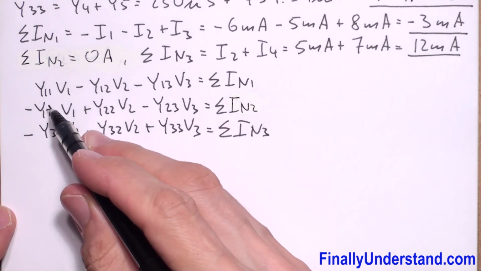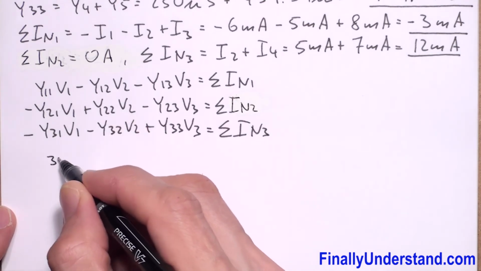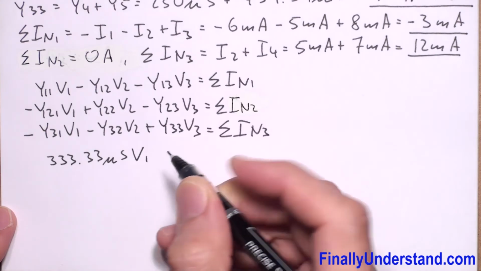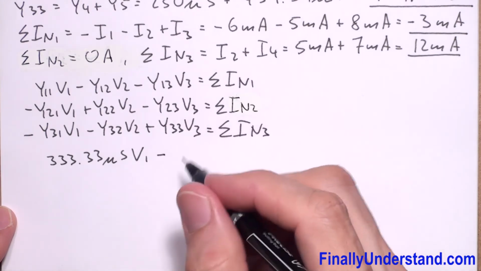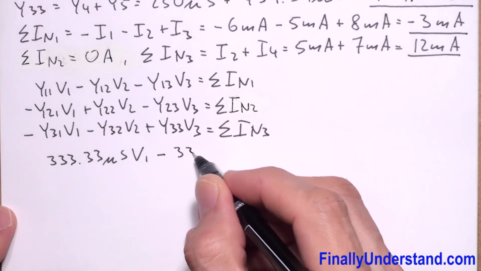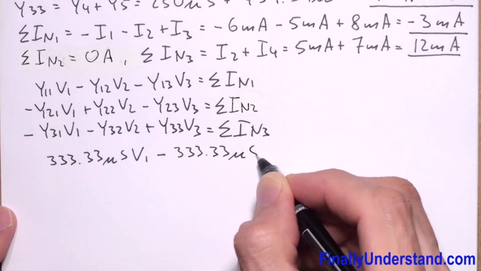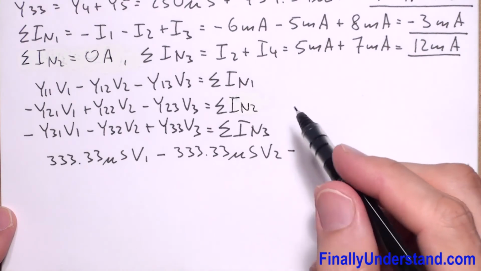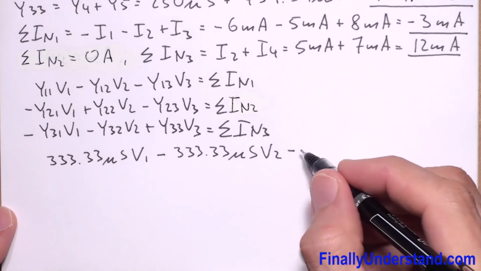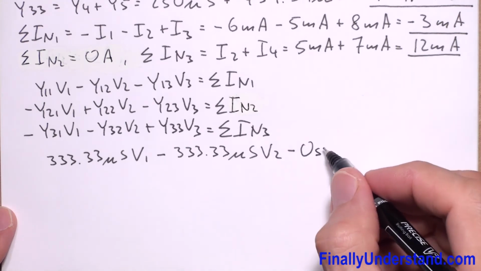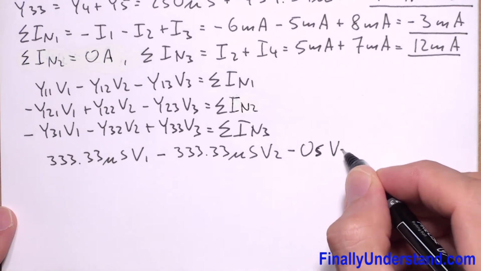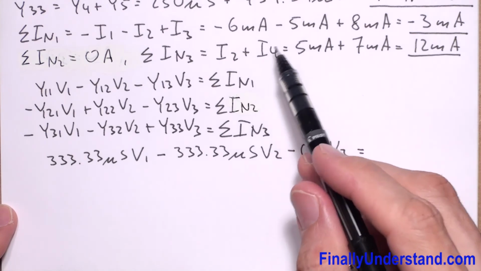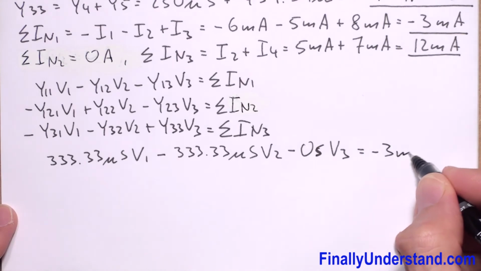We found that Y11 is equal to 333.33 microsiemens V1, minus Y12, which is also 333.33 microsiemens V2, minus Y13, which is equal to 0 siemens, V3, is equal to the sum of the currents going to node 1, which is minus 3 milliamps.